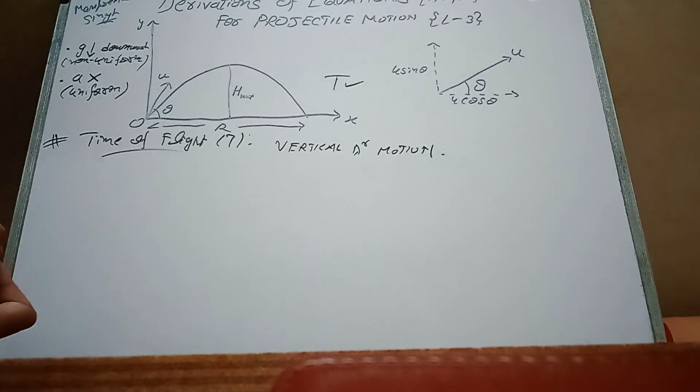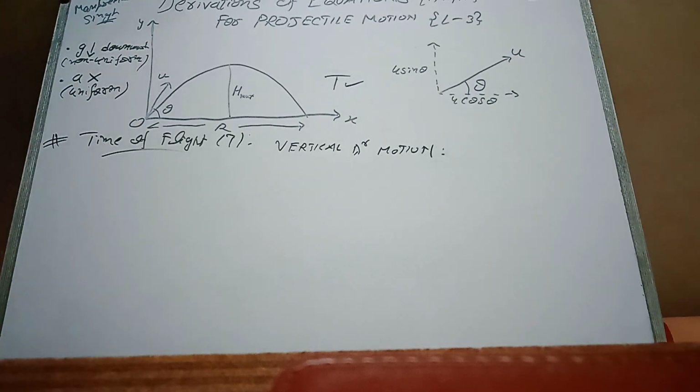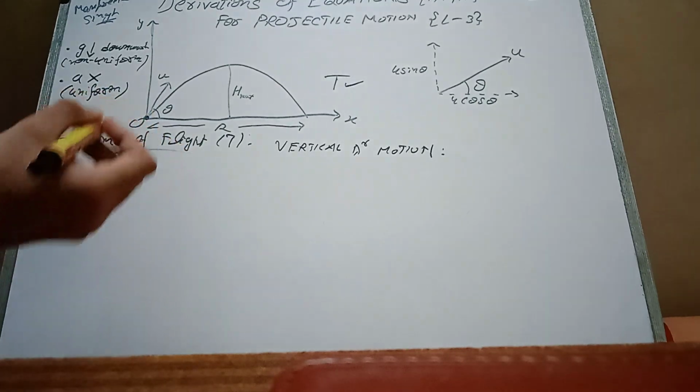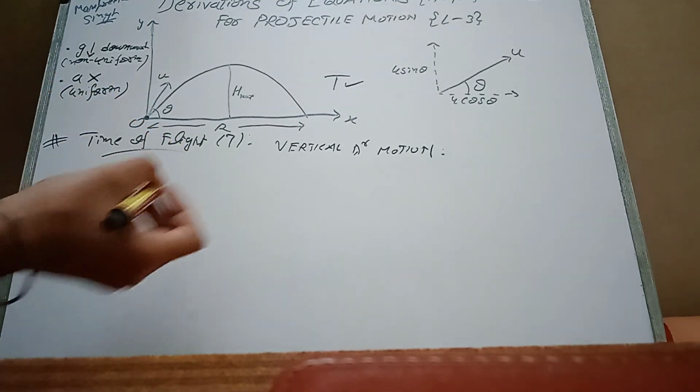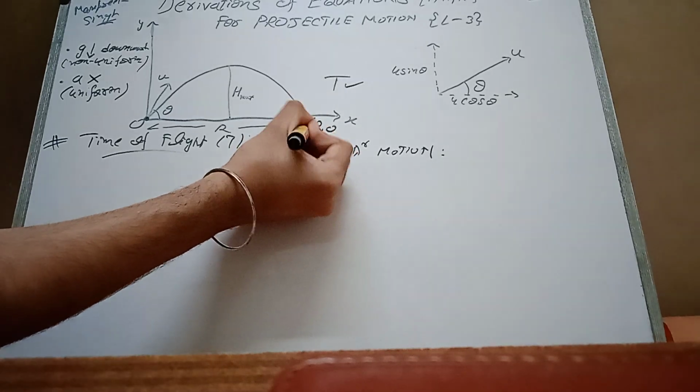What is happening in the vertical direction motion, if you see carefully? In the vertical direction there is no displacement. Didn't you notice it? Why? Because here it is 0, 0, and here it is R, 0.